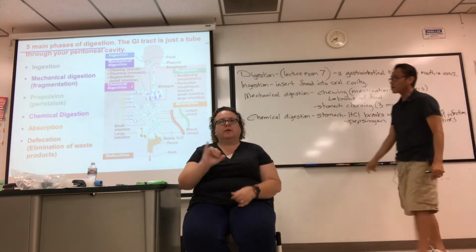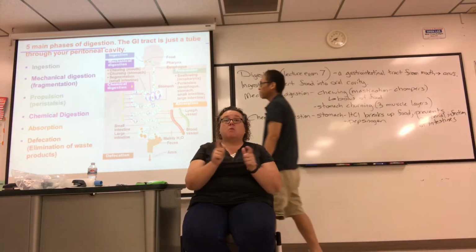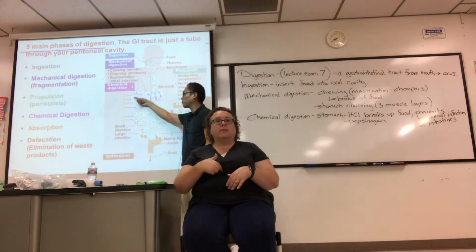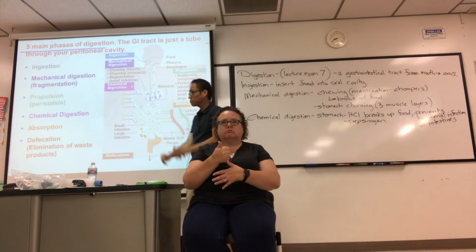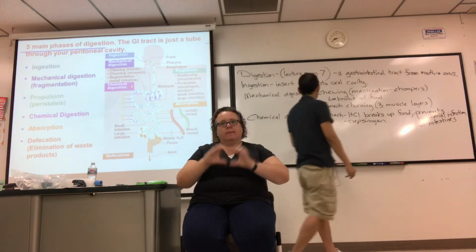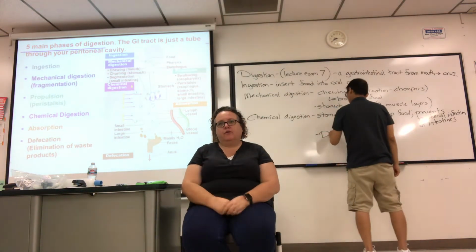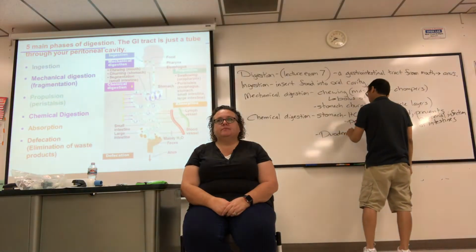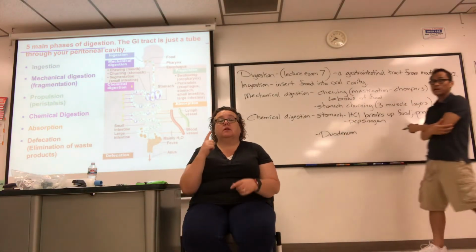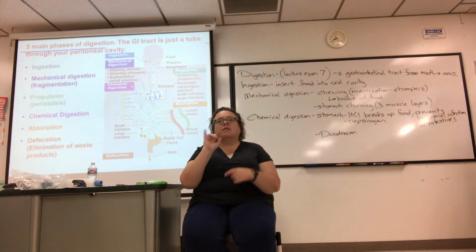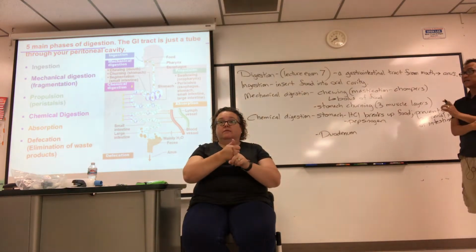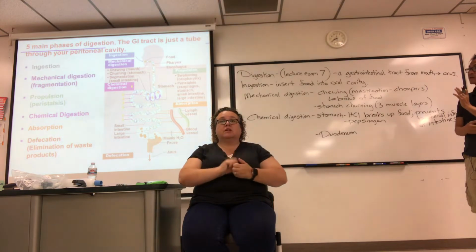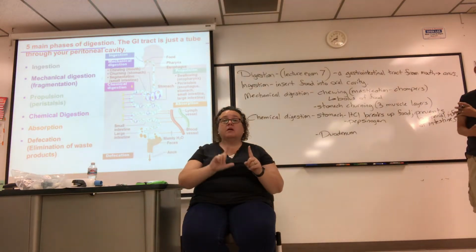The first part of the small intestine after the stomach is duodenum. And I would say that's the chief place you get chemical digestion. Because in the duodenum, basically what you've got, it's receiving the digestive juices from liver and pancreas.